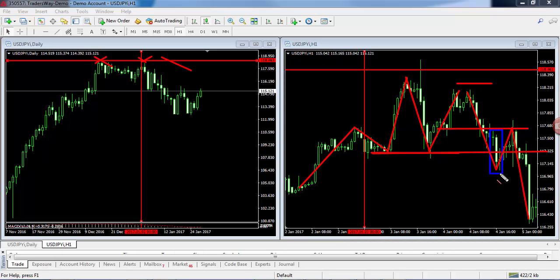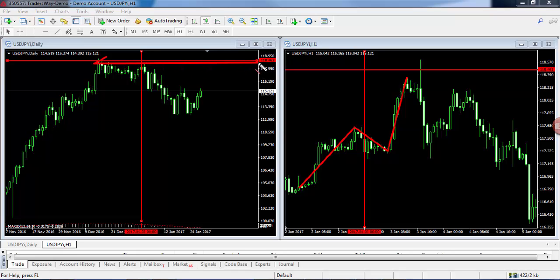Again, if you notice from your daily chart, the market has been giving us clues. Clue number one, we're at a resistance level. Clue number two, price got rejected on your smaller time frame. Clue number three, price came down, hit support.